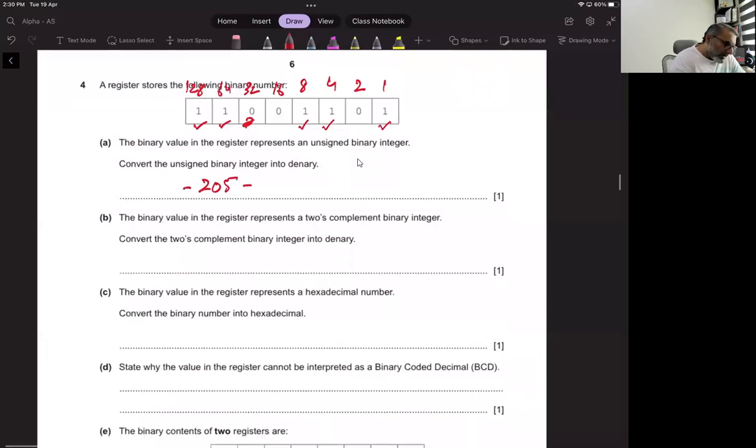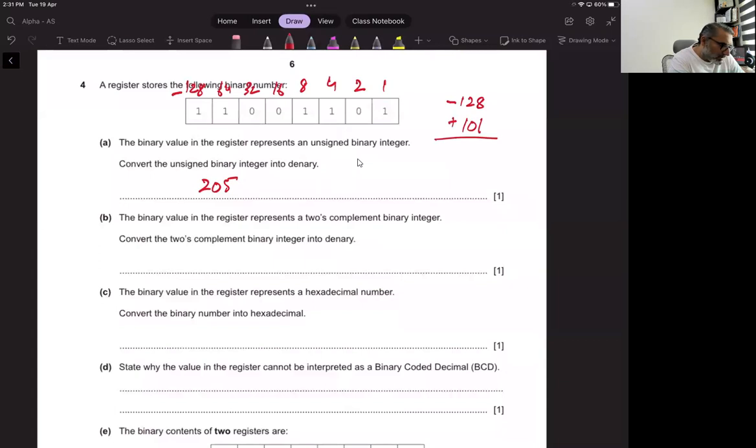Okay. If it is 2's complement, then this 128 is minus 128. In that case, it is 64 plus 32, 96 plus 4 and 101, minus 128 plus 101.